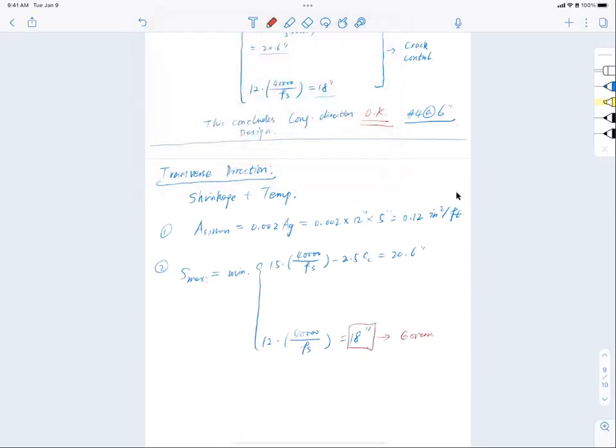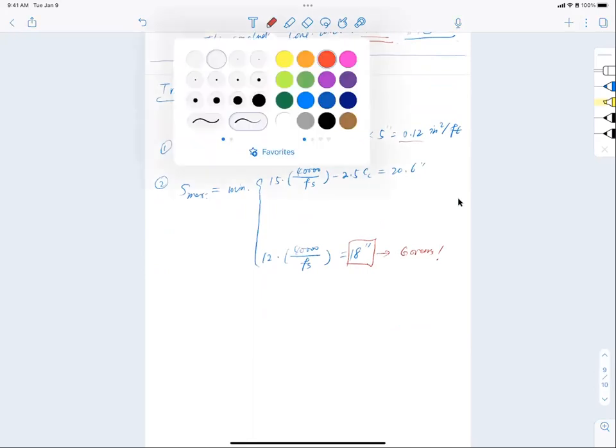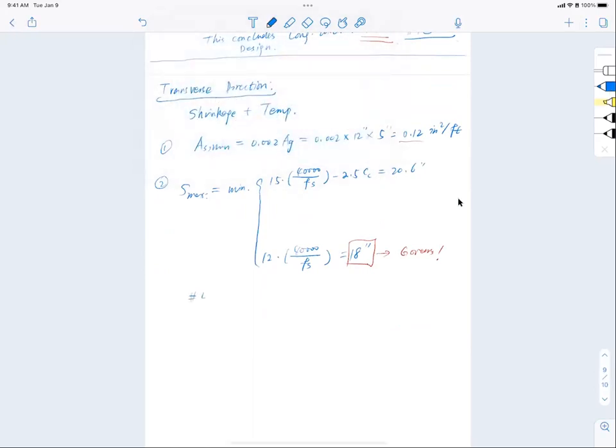Now, this is only the transverse direction. You have 18 inches and you have 0.12 inch squared. And then we're going to use number 4 bars. So how do I do the design? I know I use number 4 bars and I have to provide the spacing. So let's try 18 inches, because out of 20.6 inches and 18, 18 is smaller.